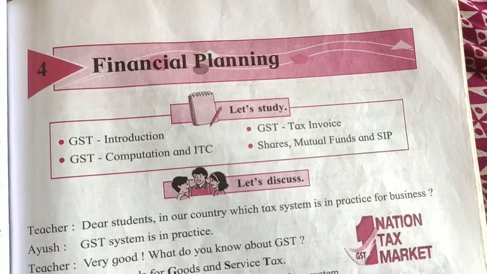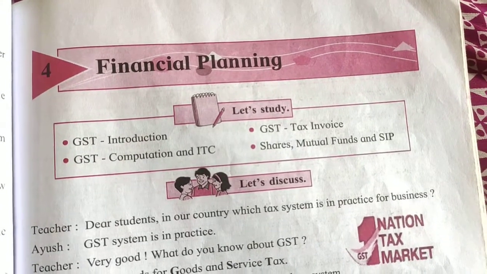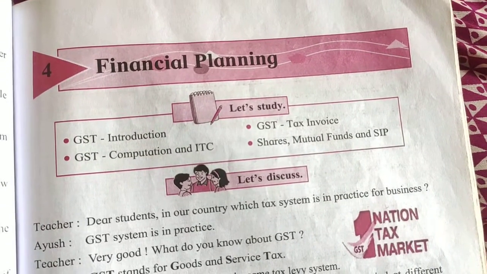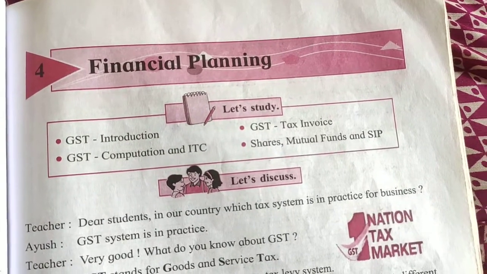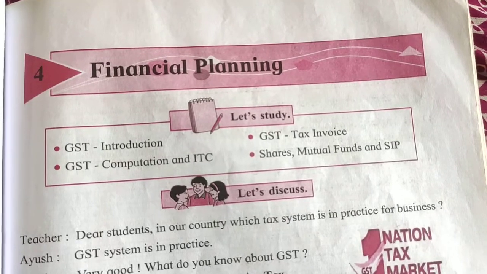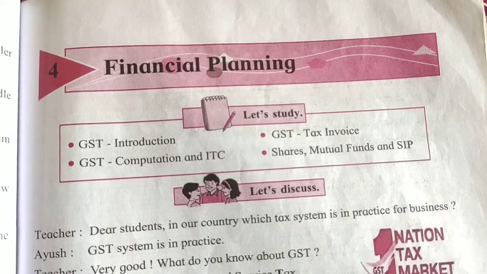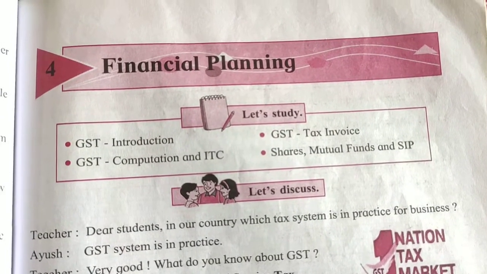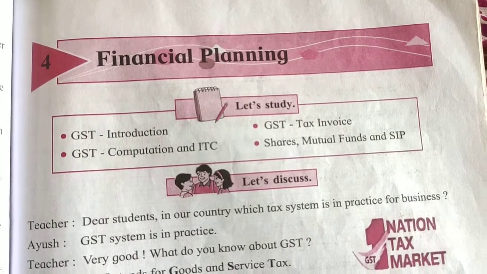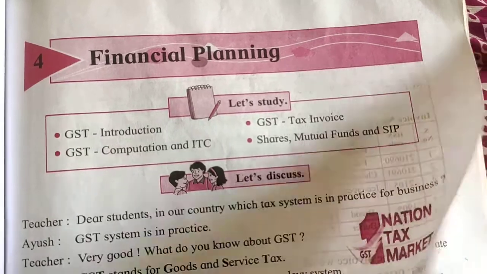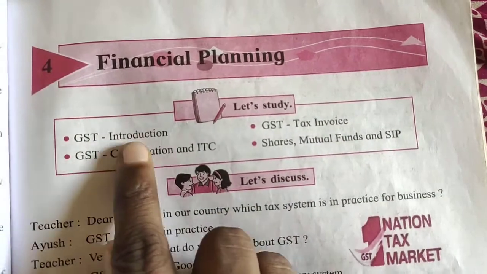In standard ninth, we learned how to solve word problems related to saving and expenditure, and how to calculate tax according to age. Now, in 10th class, our main topic is to learn about GST.